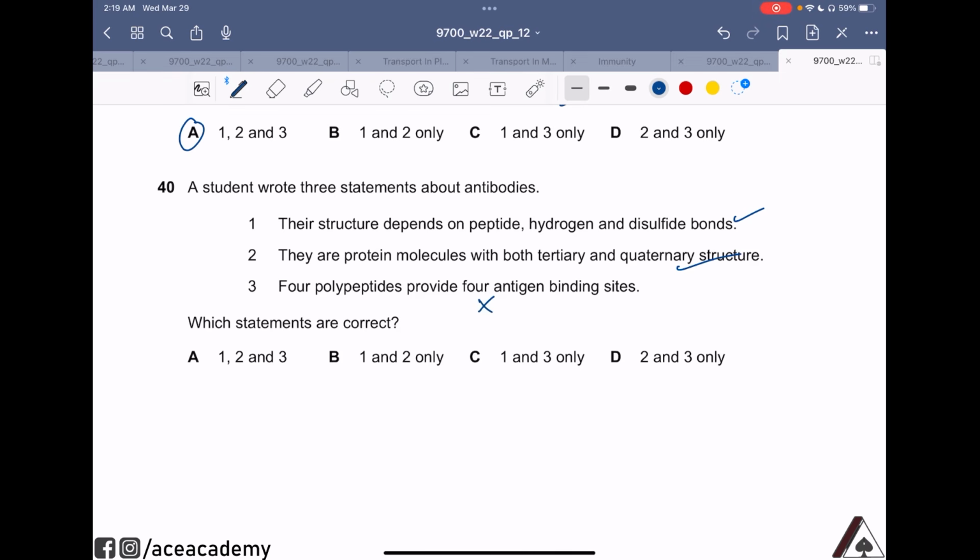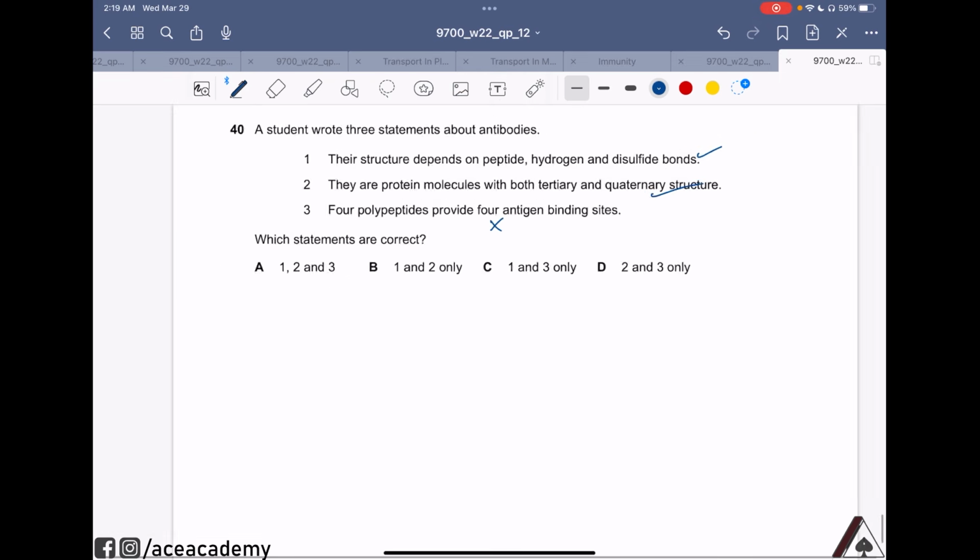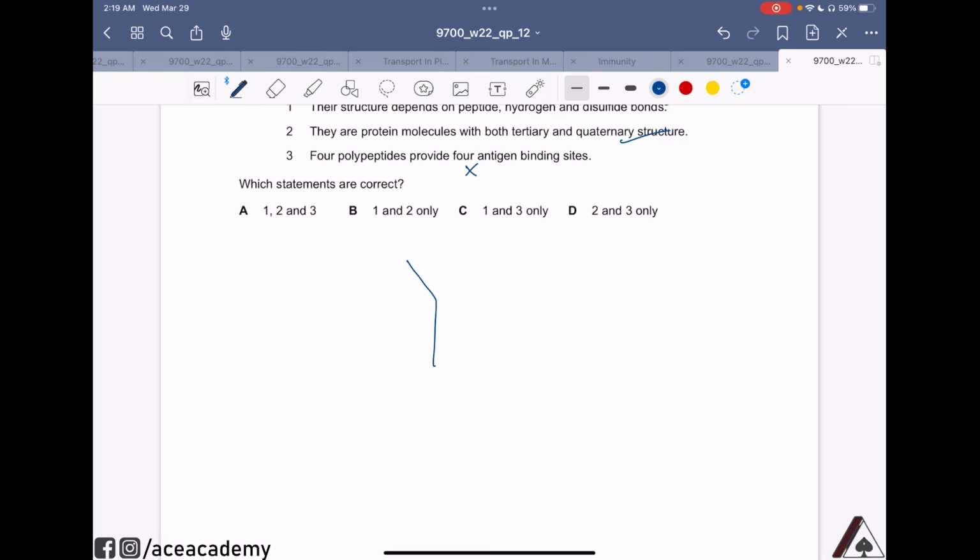Four polypeptides provide four antigen binding sites. This is incorrect because this is the structure of an antibody.